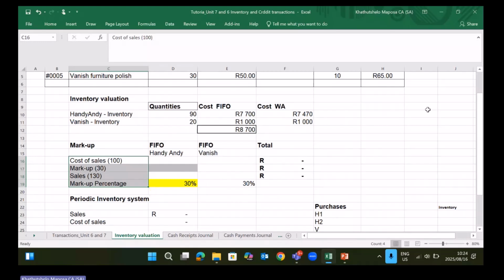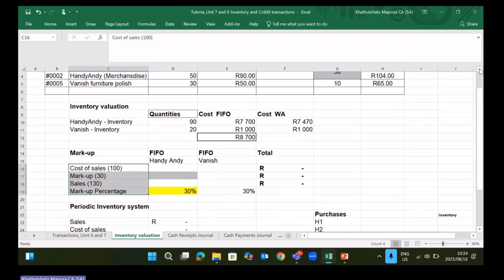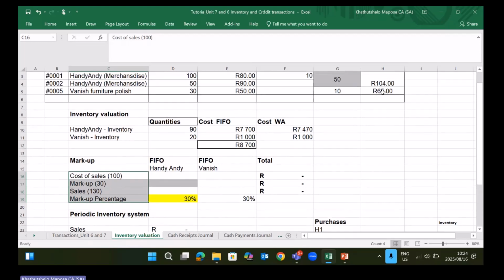We can use the figures to play around with that concept. Say 65 rands per Vanish is the selling price, and we have bought them for 50 rands. If you ask how much is the markup, it is what we have sold it for, 65 rands, minus what we have purchased it for, 50 rands.